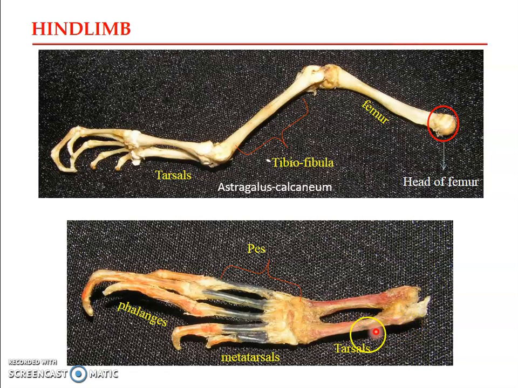It is known as the astragalus or tibiale, while the other bone is thicker and straight. It is known as the calcaneum. So this is the first set of bones which form the ankle region.